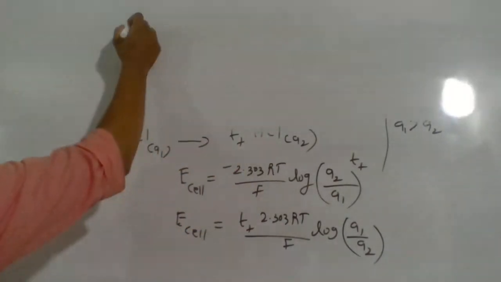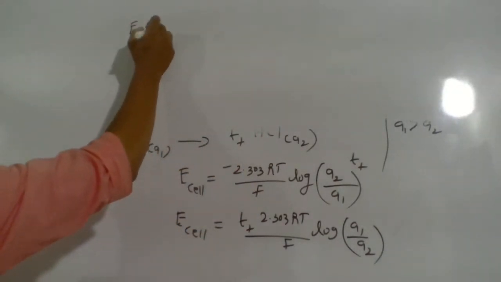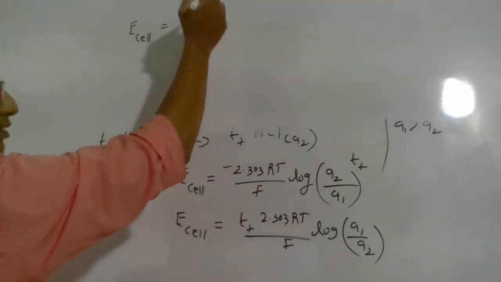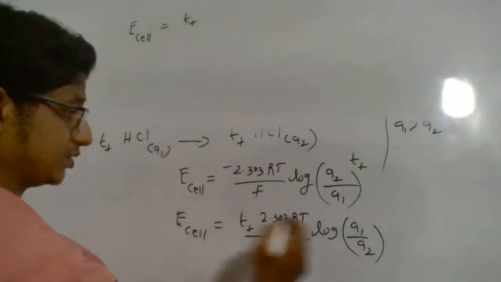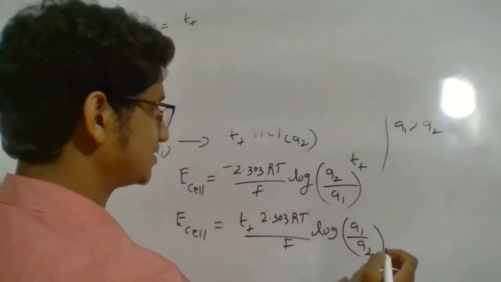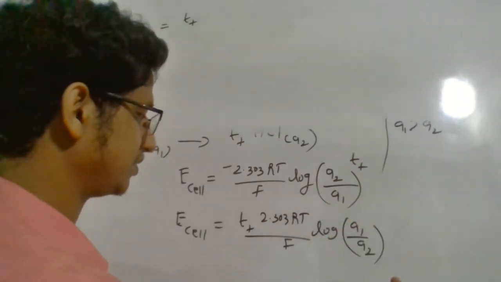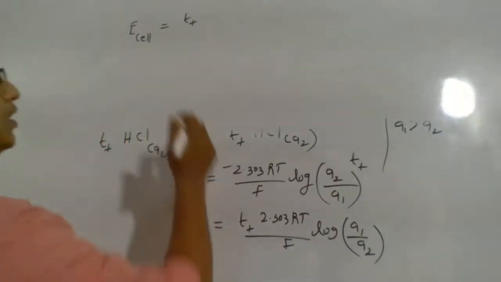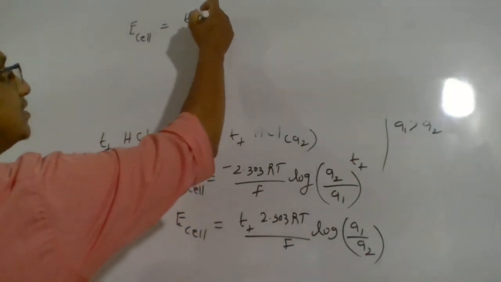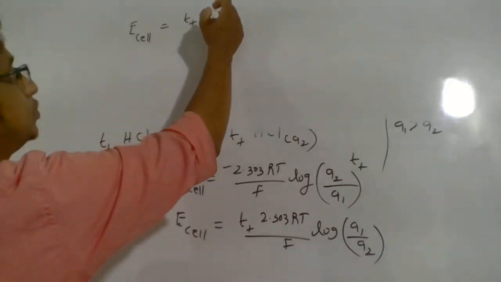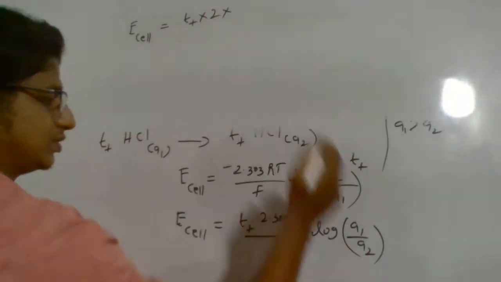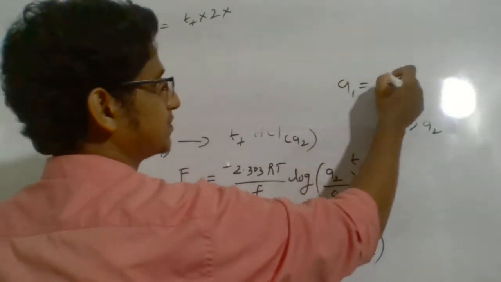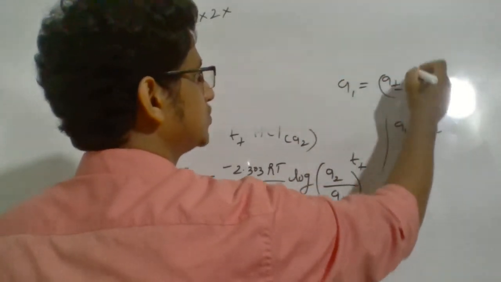So you can write E cell will be equal to t plus. So here, if you express in terms of mean ionic activity, you can write t plus into 2 will be there, because a1 you can express as a plus or minus squared.